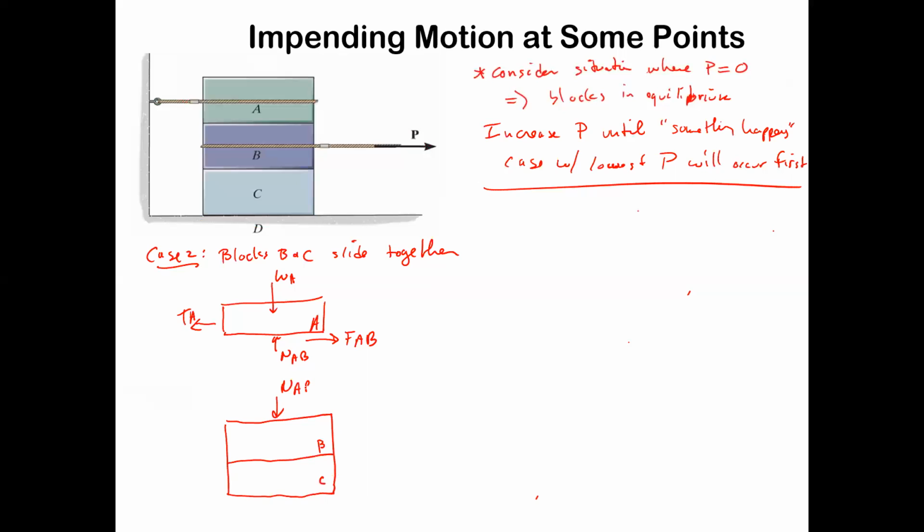We've got a normal force NAB coming down, which is the weight of A. We've got that FAB also still trying to keep us from moving. And we've got a total combined weight of gravity as WB plus WC.